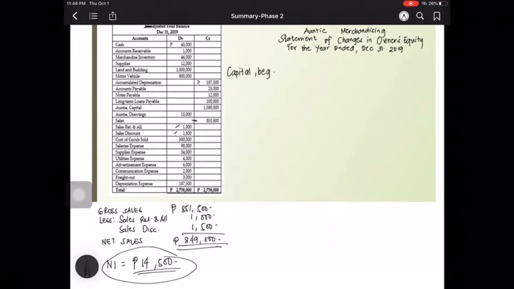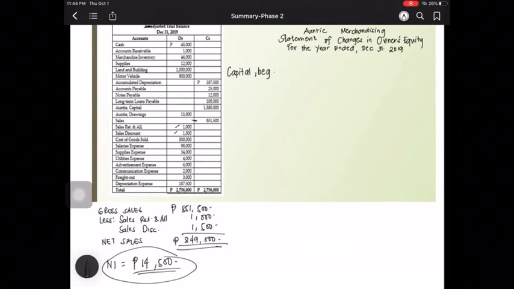Now, if you try to observe, whether you get it from your unadjusted or your adjusted trial balance, your capital account is the same. So the capital beginning may be lifted either from your adjusted or your unadjusted trial balance. Anyway, they are just the same in value.